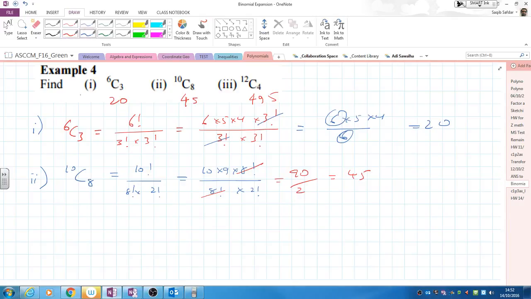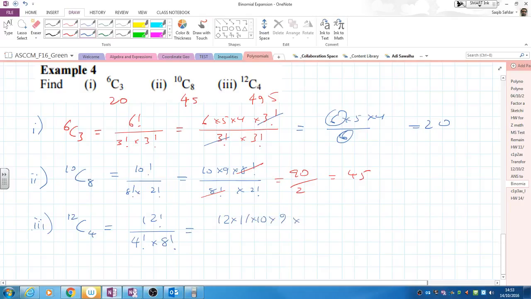Alright, actually what I'll do is I'll do the properties in a second in one go. So let's do the next one. 12C4 will be 12 factorial divided by 4 factorial times 12 take away 4, which is 8 factorial. Now we've got 12 times 11 times 10 times 9 times 8 factorial divided by the 8 factorial times 4 times 3 is 12, 4 times 3 times 2 times 1.